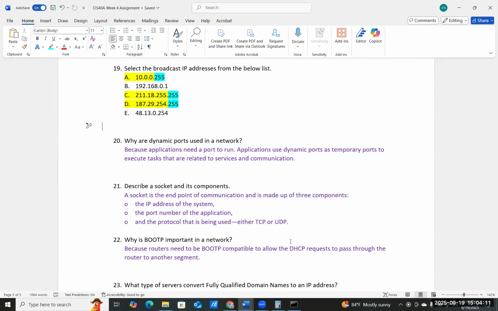Now, ports is different than a socket. So a socket is really an endpoint communication made of three things: an IP address, a port number, and protocol. So a socket would only exist if those three components are there. Okay? So a port is not a socket. A socket can consist of a port, an IP, and protocol.